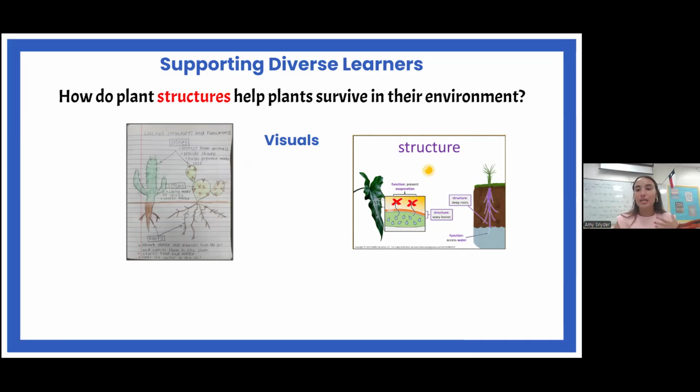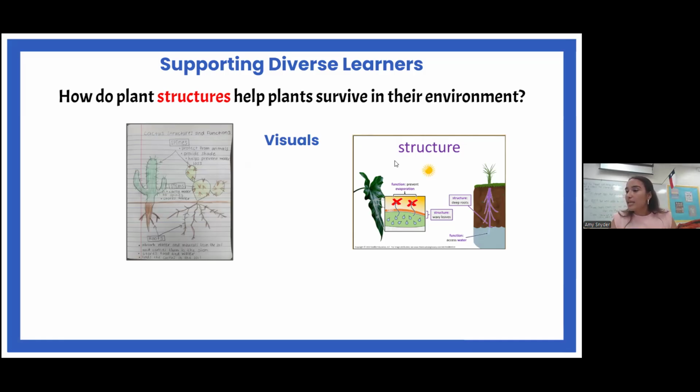So all of it really goes into this idea of the 3D learning, where they're getting their hands on the materials, they're doing scientific practices like collecting observations and recording and analyzing their data in their notebooks, and they're working with real life phenomena and connecting that learning to something in real life, in this case, plants.